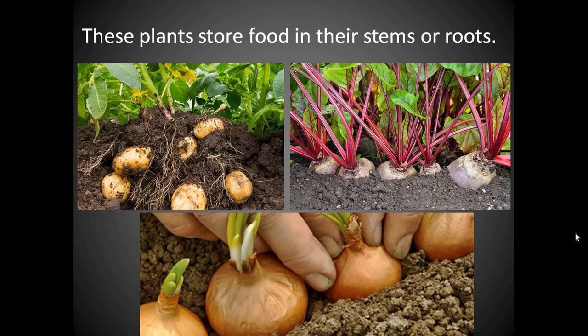Radishes, sweet potatoes, beetroots are the roots of the plants. These plants store food in their stems or roots. We too store food in our homes according to our needs.